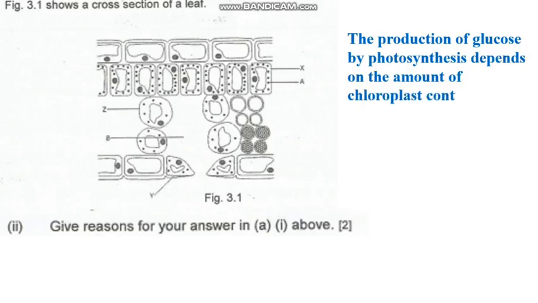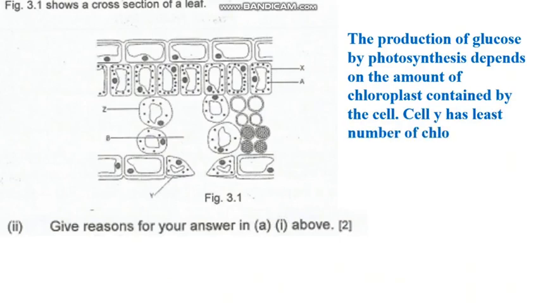Cell Y has least amount of chloroplast, while cell X has the highest amount of chloroplast. That is the reason. Okay, so this is the reason you have to give, and you'll be able to score your 2 marks.